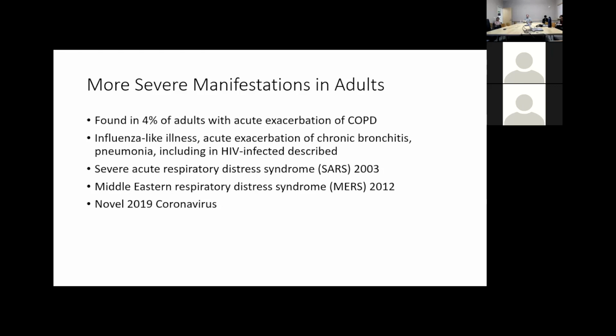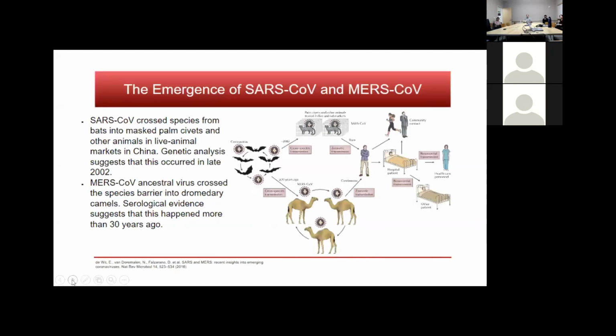Then 9 years later, we had MERS, or the Middle Eastern Respiratory Distress Syndrome, which is a little bit less severe. And of course, now we're dealing with the novel coronavirus 2019.